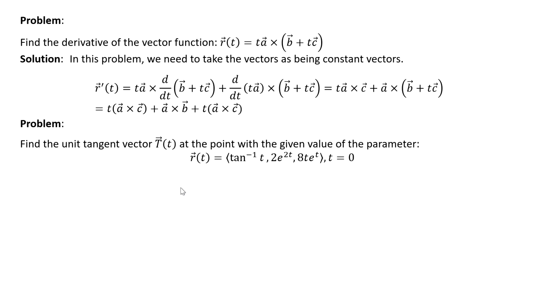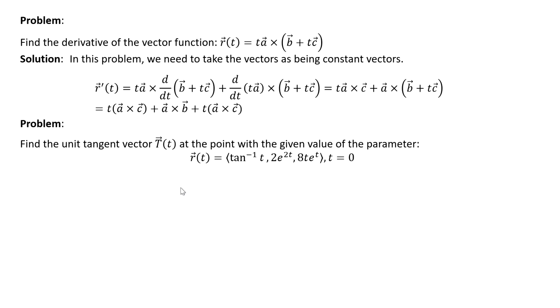I got a good question for you. To find T of t, that unit tangent vector uppercase T, do you remember I said you do r prime of t over the magnitude of r prime of t?